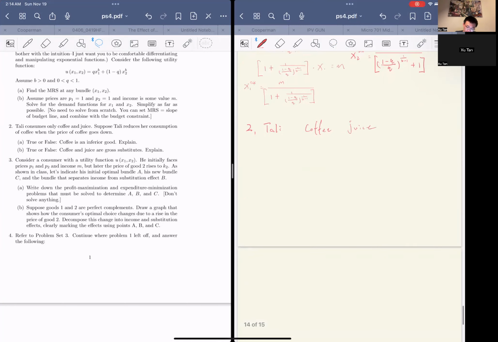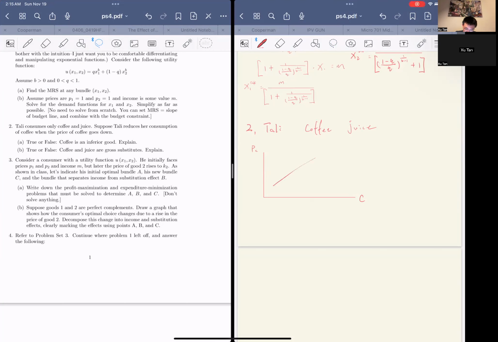So Tally's demand will look like: price of coffee goes down, and then she consumes less.